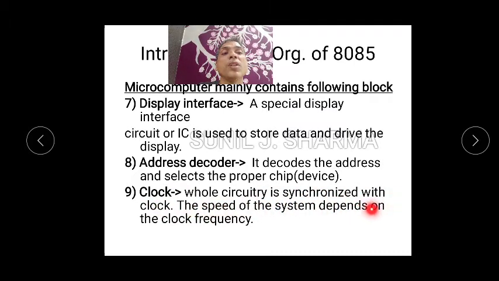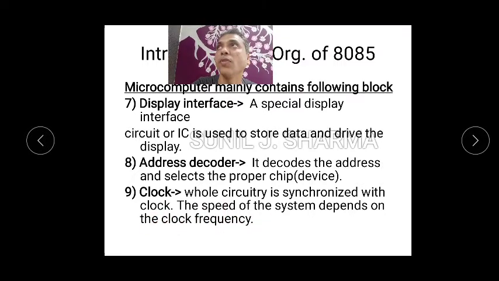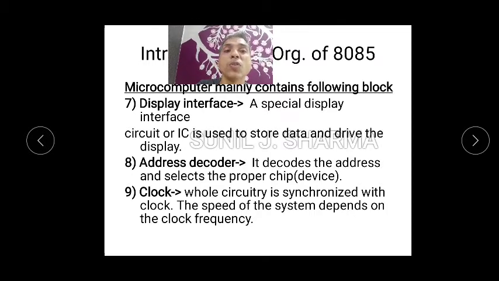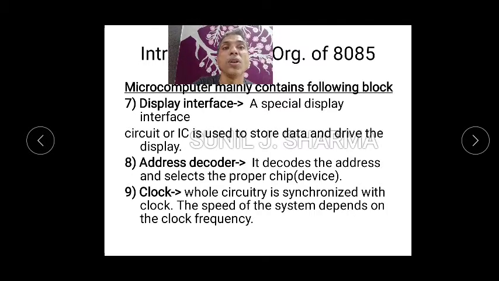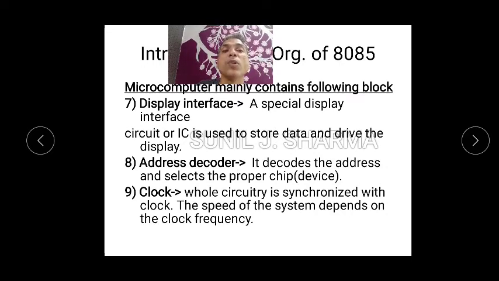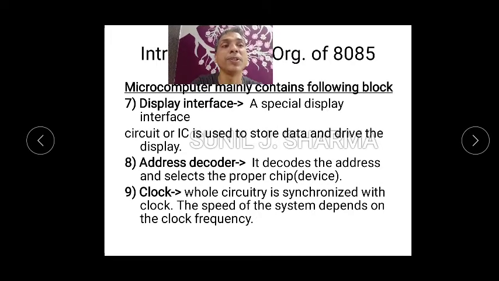The speed of the system depends upon the clock frequency. As I was telling you many times, the clock is used for synchronization, or you can say for multi-programming and all. So it just synchronizes the whole system. When you require the data, at that time it should be available and all.